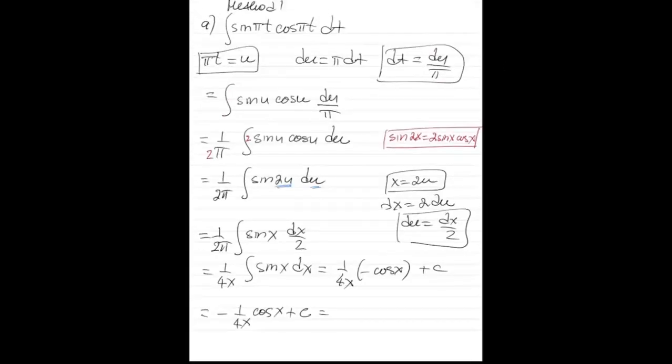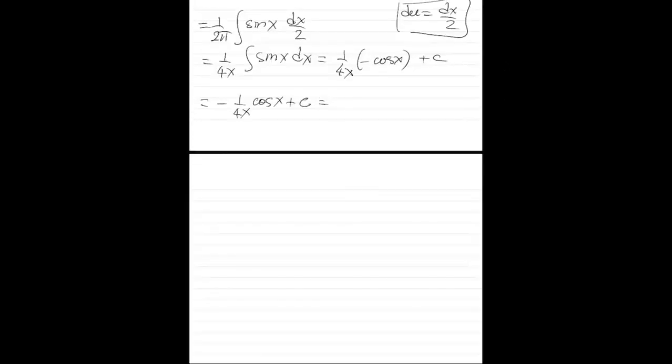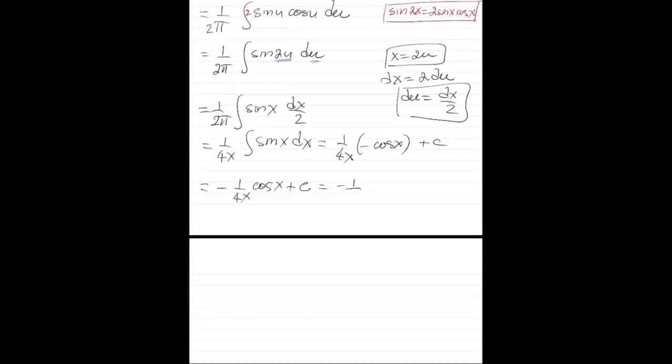So first, we're going to substitute x with 2u, and that's negative 1 over 4 times cosine of 2u plus c.